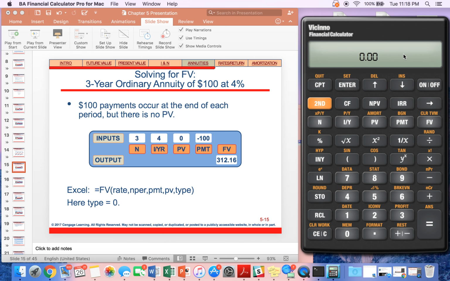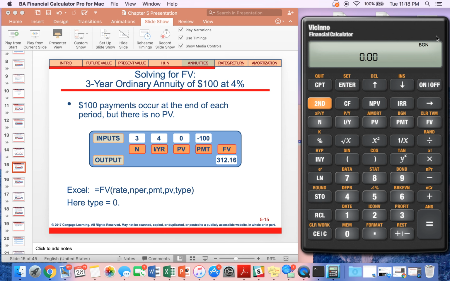Well, sometimes we're going to have to learn how to calculate within an annuity due, and that's the beginning mode. So to change my calculator from end mode, which is ordinary annuity, to beginning mode, which is annuity due, I'm going to press second, beginning, which is above the payment button, and this tells me what mode my calculator is in, and it says end. It means I'm calculating an ordinary annuity. We knew that, but if I want to switch it into beginning mode, I would then press second, set, above the enter button, and this would switch my calculator into beginning mode.